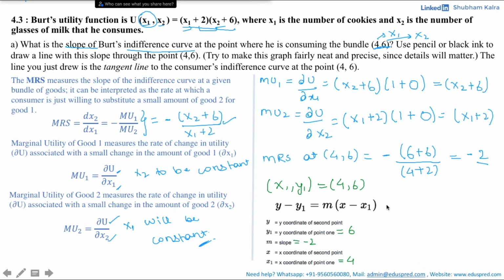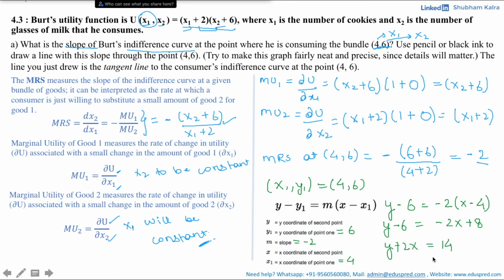So, that would be y minus y1, which is 6, is equal to m, which is minus 2, multiplied by x minus x1, and x1 is 4. Now solving this, you would get that y minus 6 is equal to minus 2x plus 8. Or rearranging this, your equation of the line becomes y plus 2x is equal to 14.